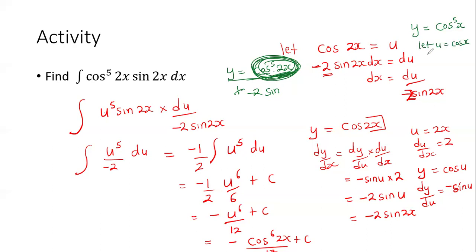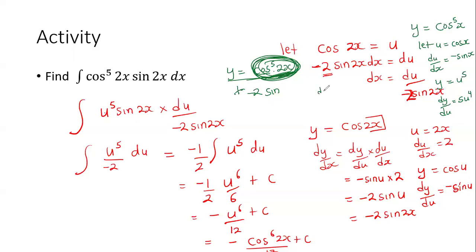Then you know that du dx is going to be negative sine of x. Then your y will equal u power 5. Then your dy du is going to be 5u power 4.